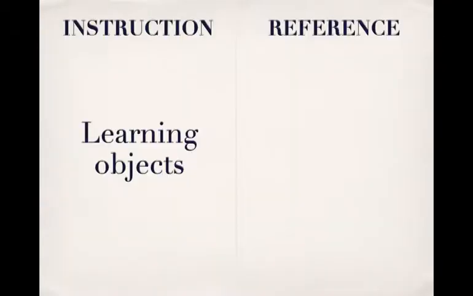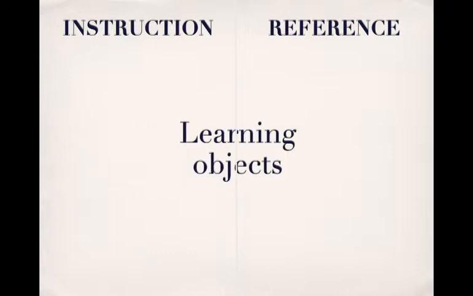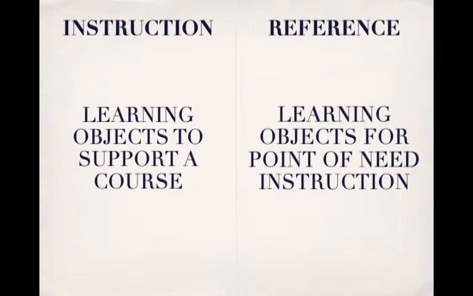But I think we often think of learning objects as instruction tools, and we design them based on often how we teach in the classroom, when really learning objects often straddle the boundaries between instruction and reference.